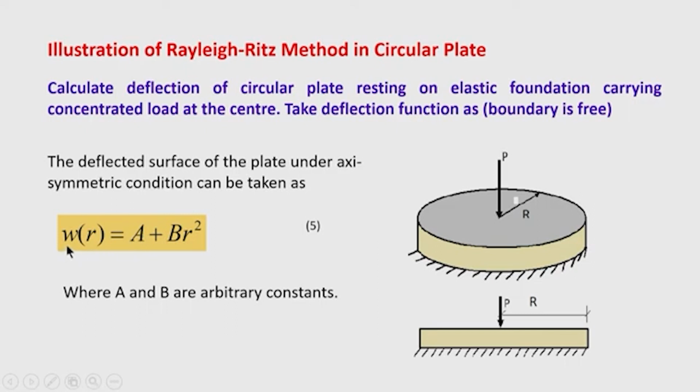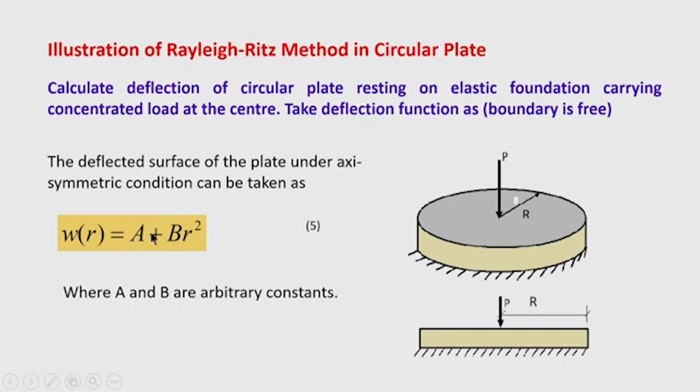So, we assume the deflection surface expression with a 2 term series, that is, a 2 term polynomial in R, because in an axisymmetric problem the deflections are functions of only radial distance. So, it will be independent of the angular position theta.